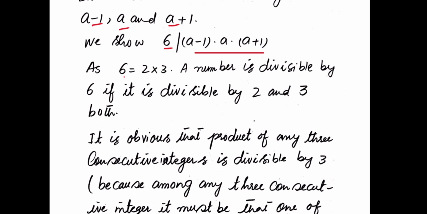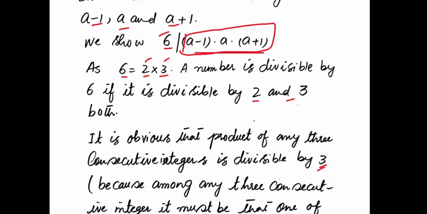As we can write 6 is equal to 2 into 3, a number is divisible by 6 if it is divisible by 2 and 3, or we can use the corollary 2 of theorem 2.4 here. I have to show that this product is divisible by 6. This is possible if it is divisible by 2 as well as 3.